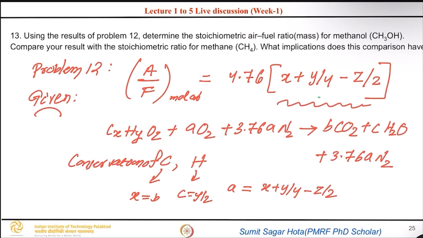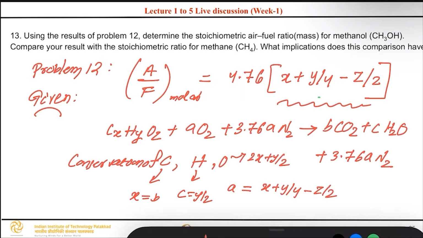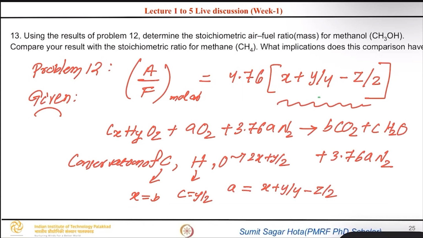Because what is y? Y you get as 2x plus y by 2. So all these things are there in the question. If somebody is setting a question, they only should give this.